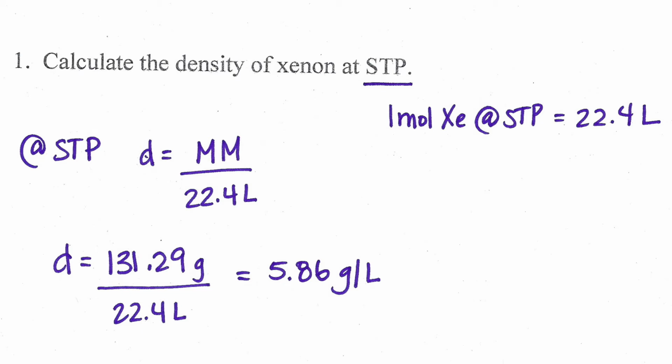And what we already discussed is that when we calculate the density of a gas at STP, we need to know the molar mass and the molar volume. So if we look at the molar mass of xenon from the periodic table, we get 131.29 grams, and our molar volume at STP is 22.4 liters, so that the density of xenon at STP is 5.86 grams per liter.